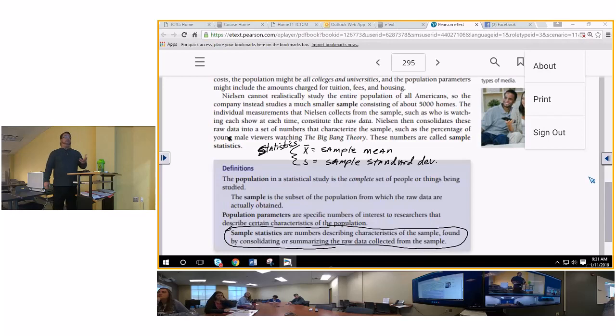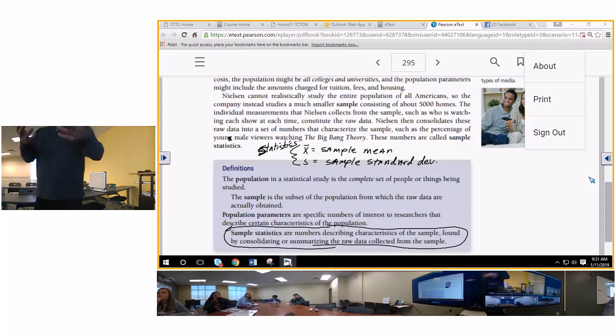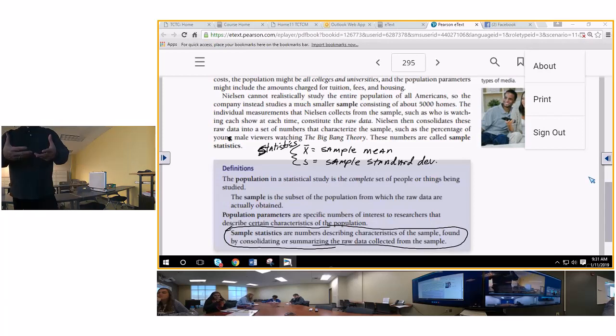If you go to Walmart and they have these little samples that you eat, it's part of the package, right? If they hand out potato chips in little cupcake cups and you eat one of those chips, you are eating a sample. It's part of the whole.